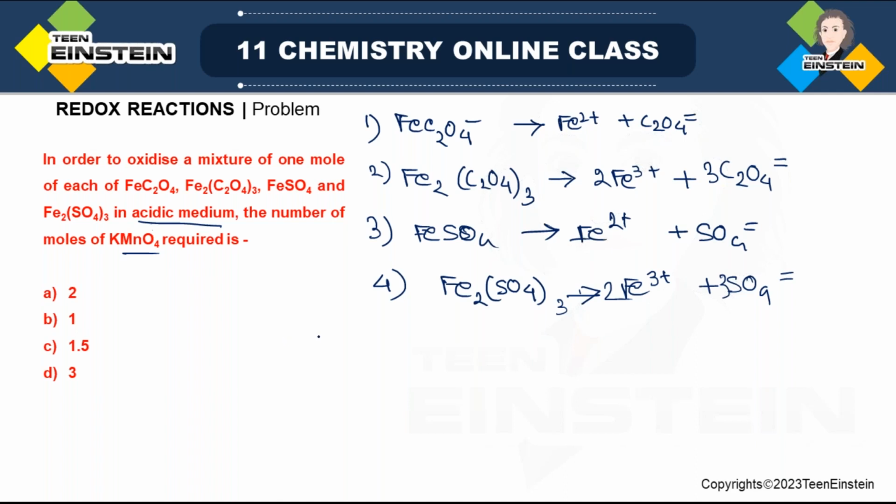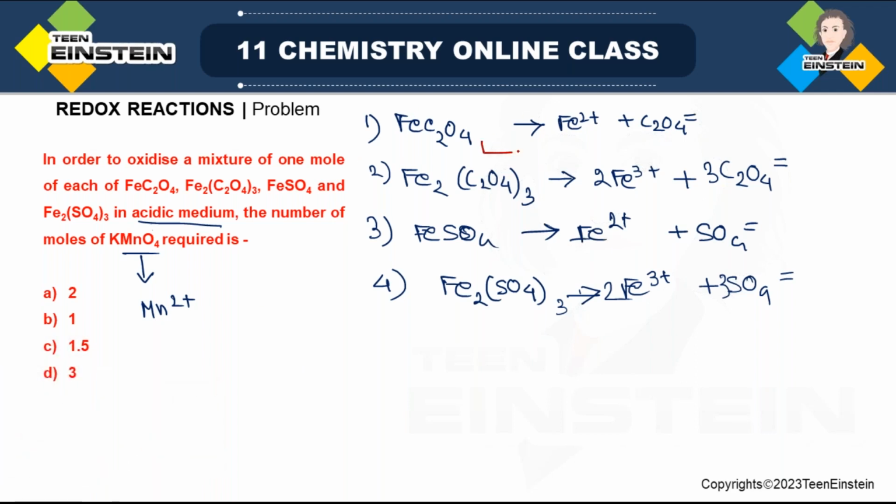Now here we have written this equation. KMnO4 is the oxidizing agent. So when you have taken KMnO4, obviously it will be converted to Mn2 plus. That is fine. But here in the first salt, after reduction, what will be the fate that we have to write?